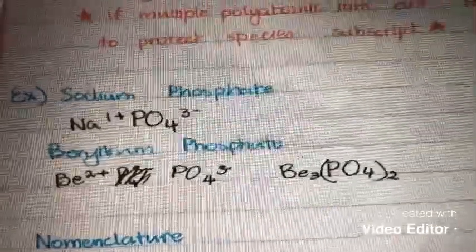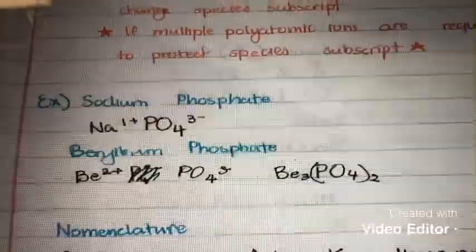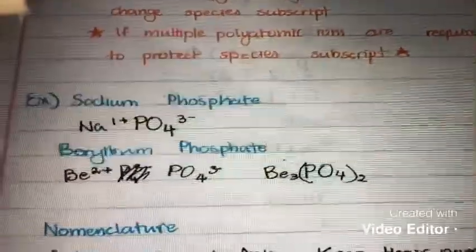Some examples. Sodium phosphate. Sodium on the periodic table is Na, and phosphate is PO4.